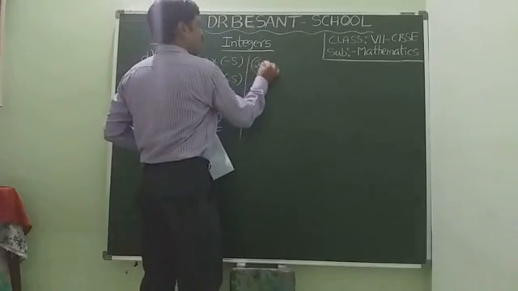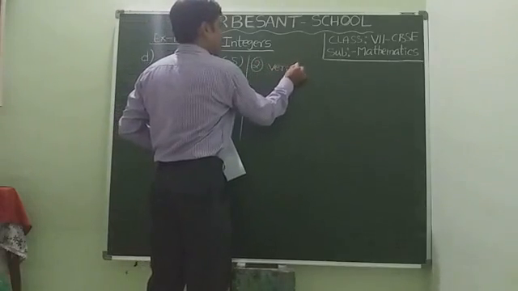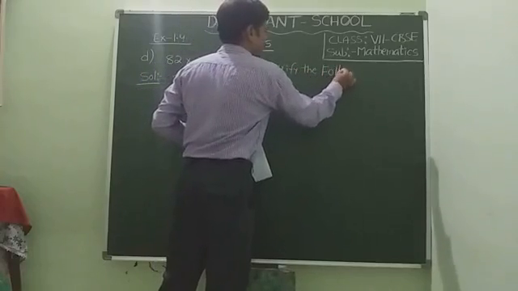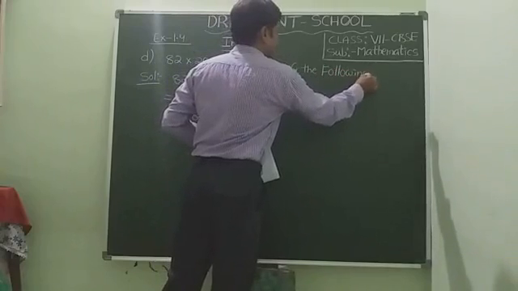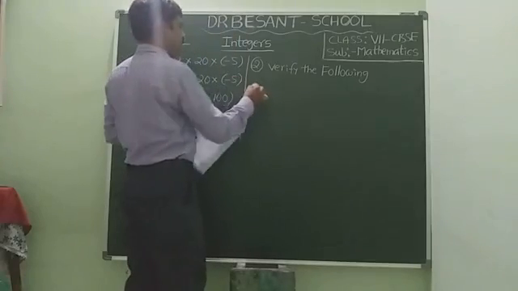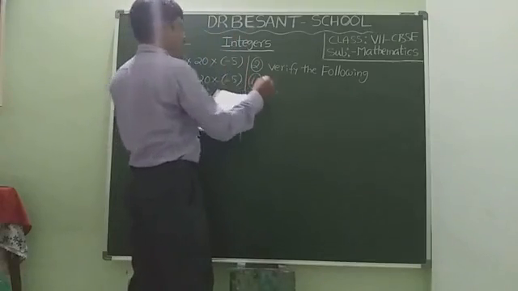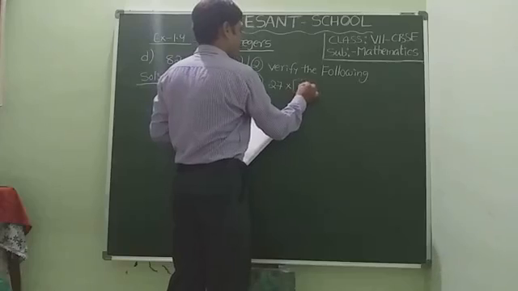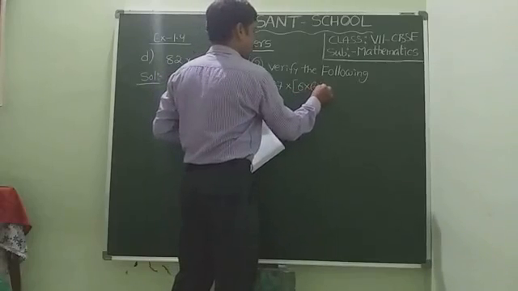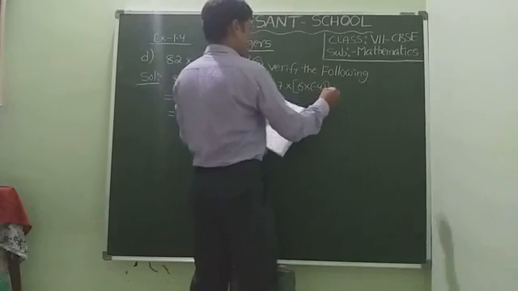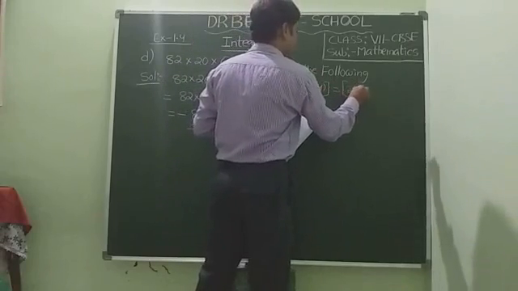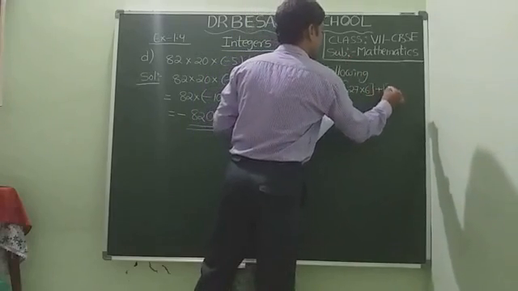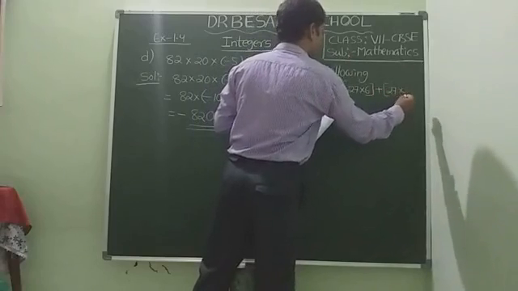Observe here. Verify the following. A: 27 into 6 plus minus 4 is equal to 27 into 6 plus 27 into minus 4.